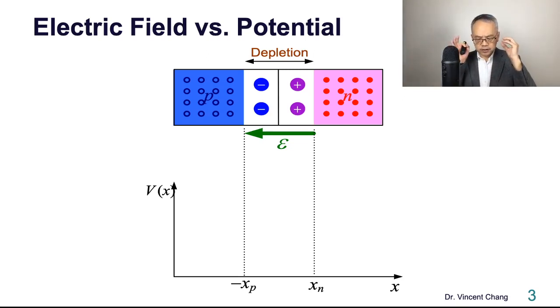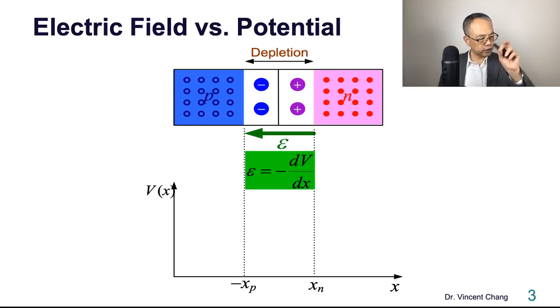So there's always an association, a relationship between field and the potential. I was talking about the gravitational field and the gravitational potential energy we learn from physics. Same thing with the electric field and the electric potential.